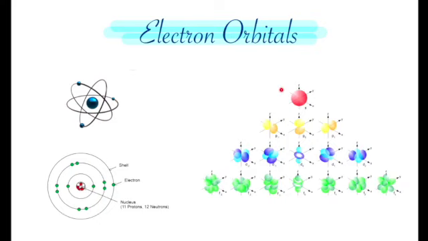So this area over here is a better depiction of the different areas in which the electrons can be found at a given point. Each of these different energy levels gives us a different orbital, so each of these are called orbitals. Here we have the s orbital.